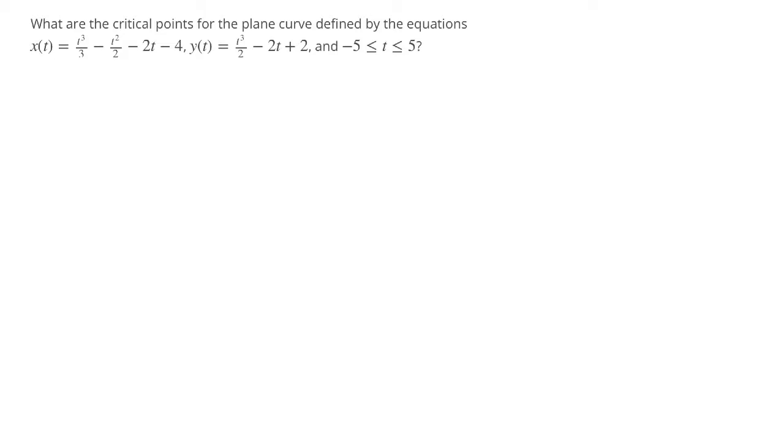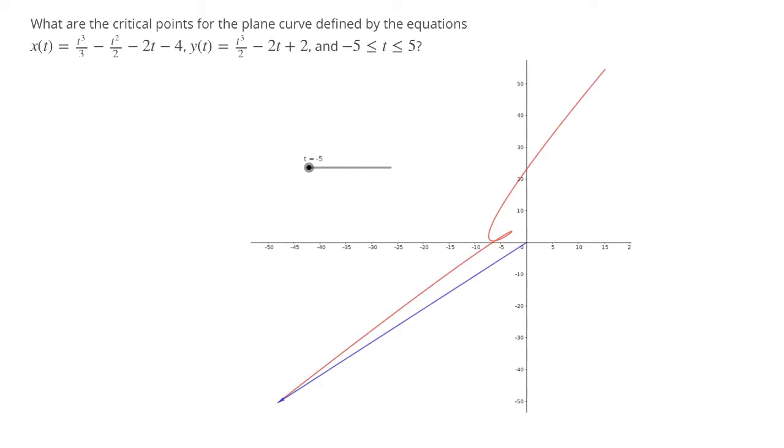So just to get an idea of what this curve looks like, let's take a look at the graph. We can have GeoGebra plot it. What we have here is the image of the curve shown in red, and the blue vector is the position vector as our parameter t increases from minus 5 to 5.